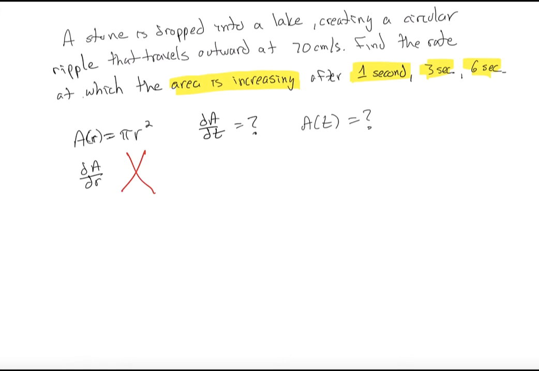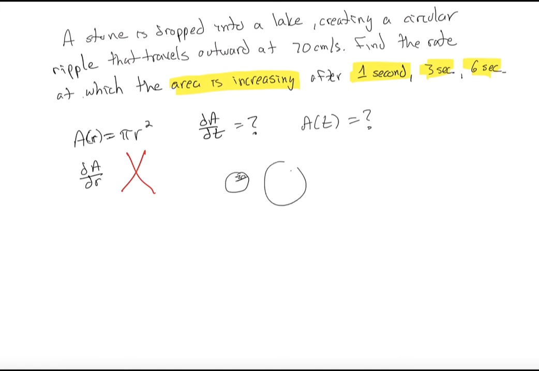Well, I'm given the information in here that the ripple travels outward at 70 centimeters per second. Now, if we think of a circle, and we're looking at centimeters per second, that must be the rate at which my radius grows. Let me draw a circle. After 1 second, my radius is 70.